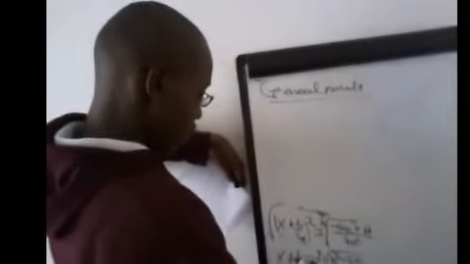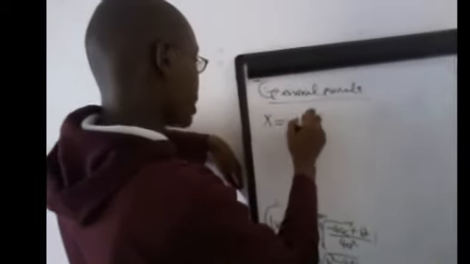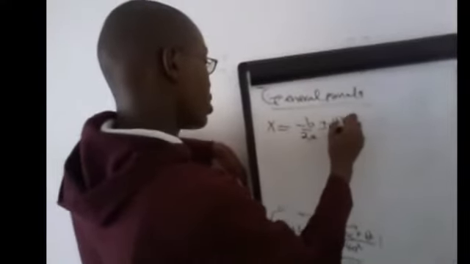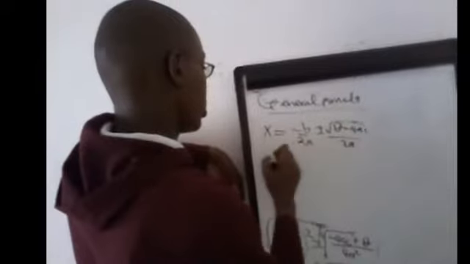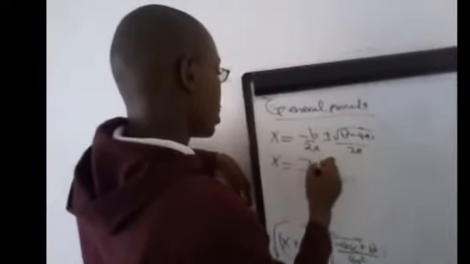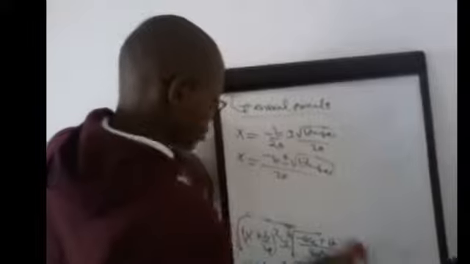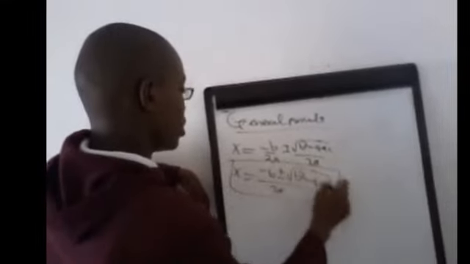We take b over 2a to that side, so x equals minus b over 2a plus or minus the square root of b squared minus 4ac over 2a. The common factor is 2a, so it will be x equals minus b plus or minus the square root of b squared minus 4ac, all over 2a. And this is the general formula for solving quadratic equations.